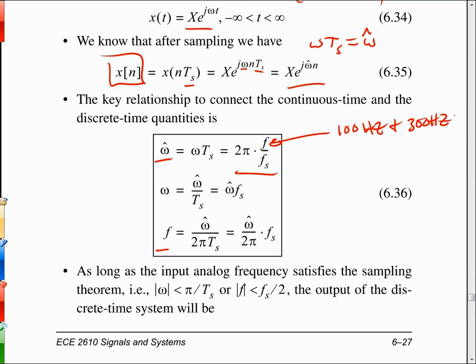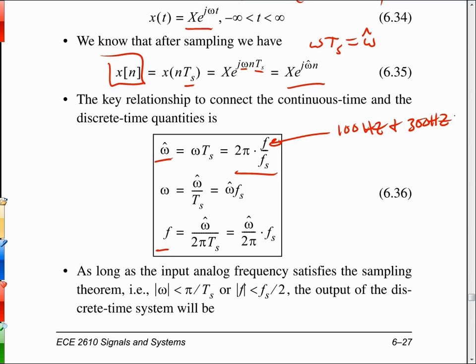If it was, say, 100 and 700, then we would have to say 100 stays as 100, 700 with respect to a 1,000 hertz sampling rate folds down to 300 hertz because the principal alias is 300. And then we do our analysis with the omega hats in terms of the principal alias frequencies.